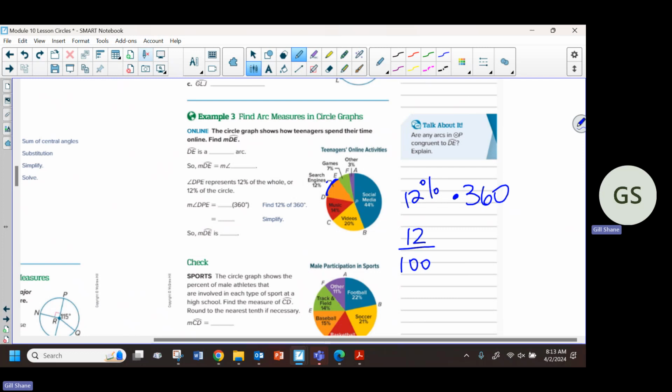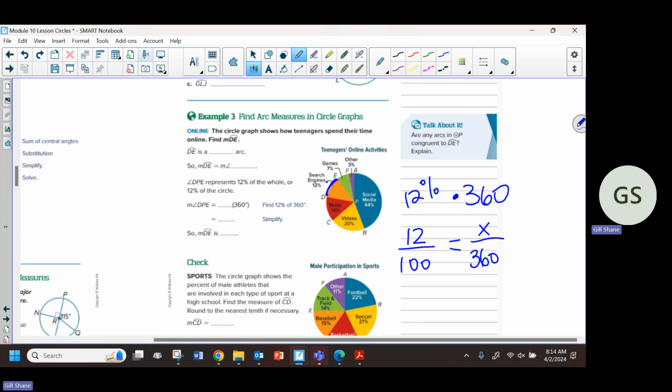So 12 out of 100, if we want to know what amount of degrees that is, X is what we're trying to solve for, how many degrees, over 360 is the total. Part over a total equals part over a total. One's in percentage, one's in degrees, but the proportion has to be the same, always.